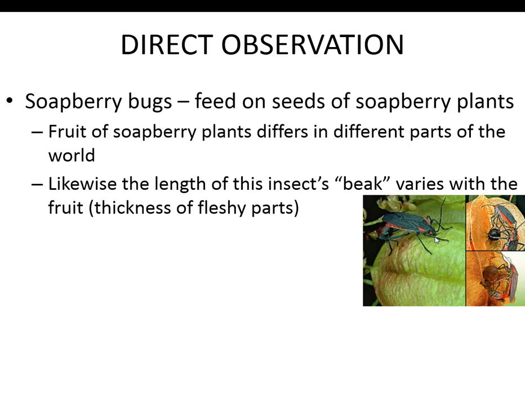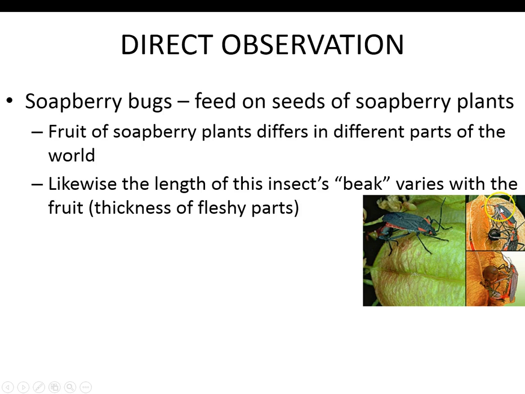And what we have found by studying these different populations is that in the areas where the plants have a thin flesh, we find insects that have a very short beak. But in the areas where the plants have a thicker flesh, the insects have a longer beak. And that's because in order to be able to feed on this food source, they have to have a longer beak to get to the good stuff on the inside of the fruit.